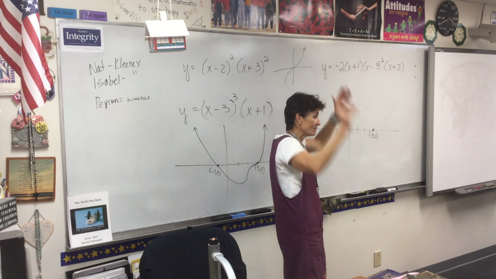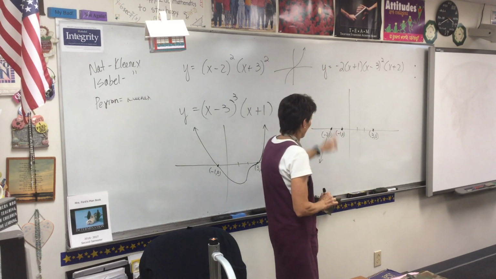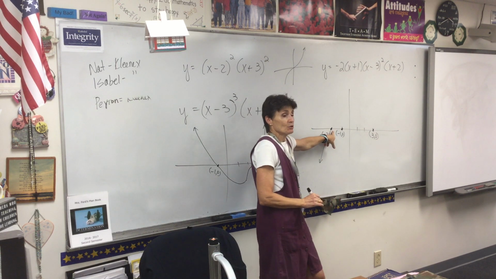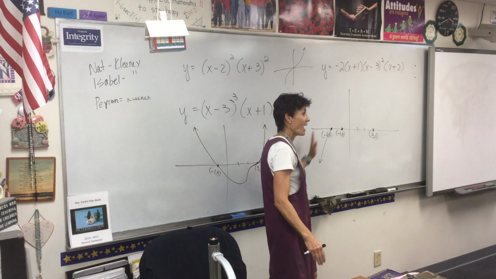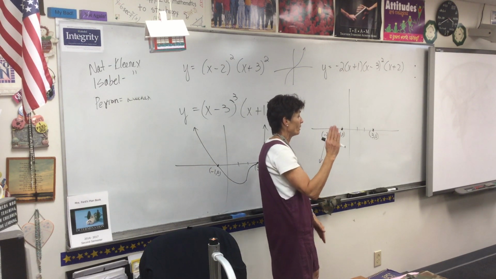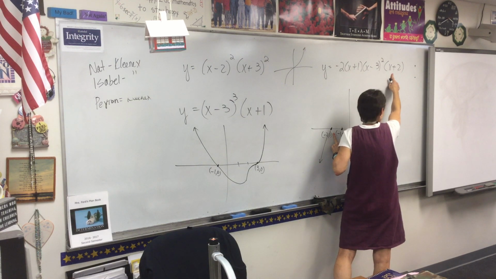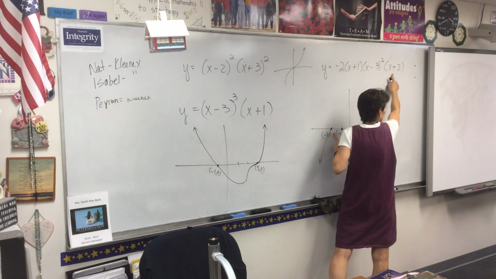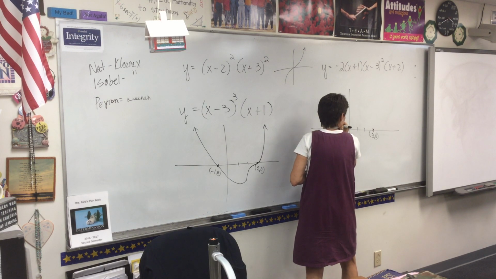But because of the negative, it's going to start down. When it gets to the x-intercept, you have 3 choices now. You're going to pass right through, you're going to bounce off, or you're going to squiggle. That came from this, right? Pay attention to where it came from. That means I'm just going to pass through.